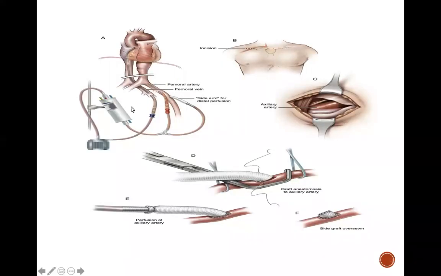This is just to show you that you can do peripheral cannulation, you can do axillary cannulation, either directly to the axillary artery or via a graft. After you finish, you can sew the graft.